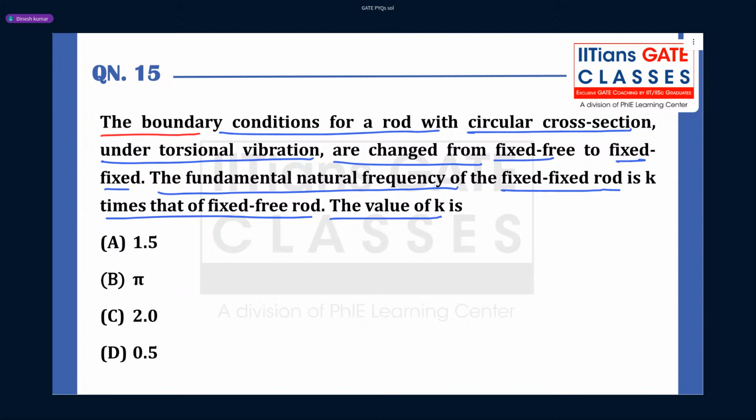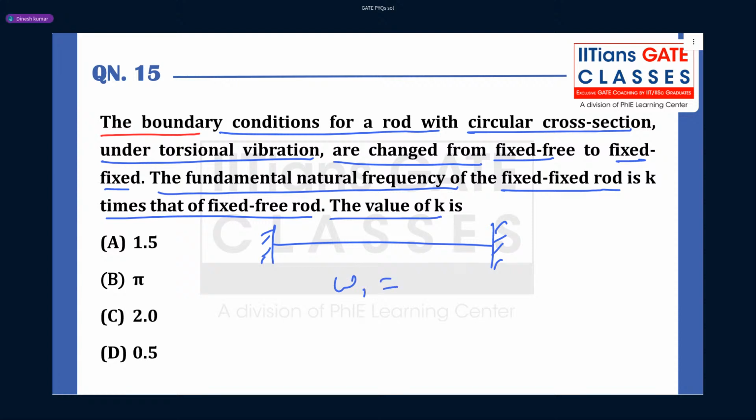Now, guys, we already know, and I have told in the previous problem also, whenever you have a fixed condition, either longitudinal vibration or torsional vibration, for fixed boundary condition, what is your natural frequency?